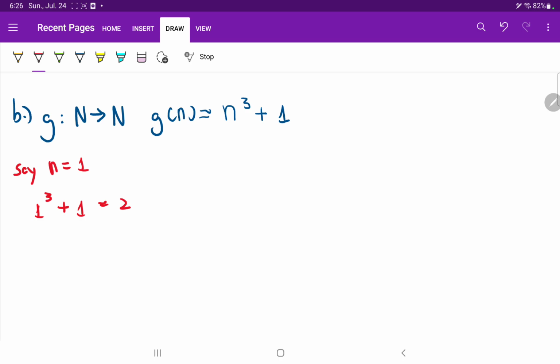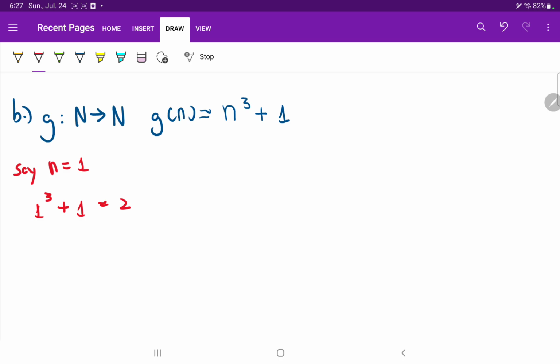In this case, it's 1. You can never obtain 1 as the output value, no matter what input value you give it. But 1 is part of our codomain. So there's an element in the codomain that we cannot obtain by plugging in any input number. Therefore, it's not surjective.